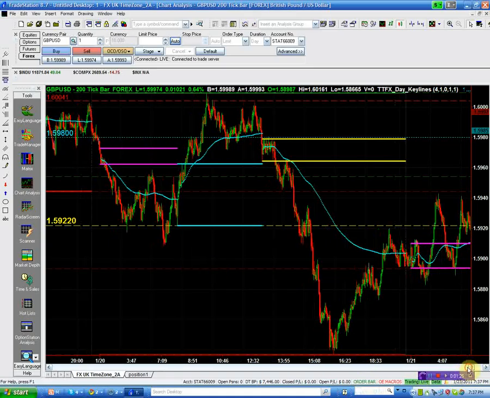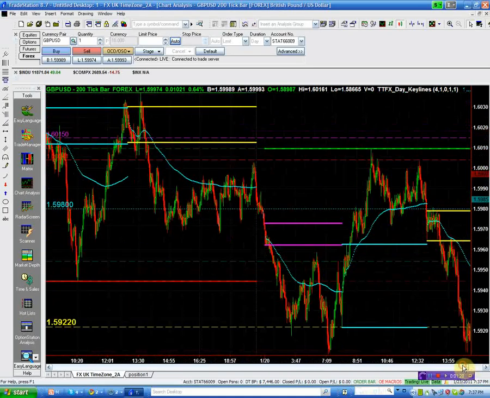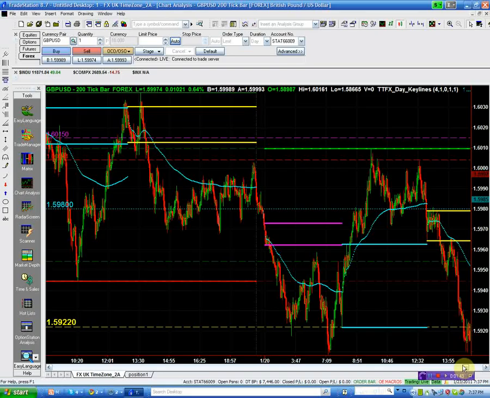These are structural points that we're taking from the structure of the chart, and when you see that on the intraday it is being respected so much, then you know that it is a valid point and you have to respect it and trade it as such.